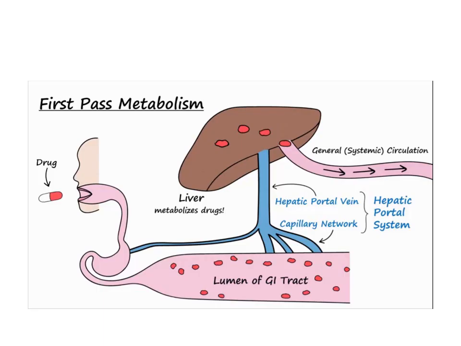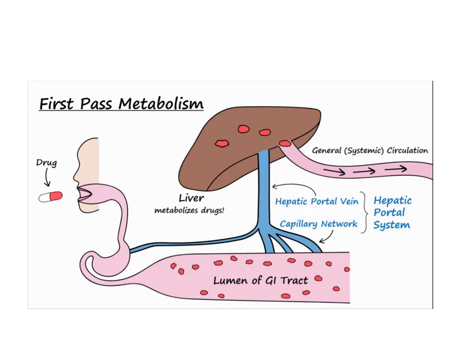If we take a drug or any xenobiotic through the oral route, it passes into the stomach, and from the stomach it goes into the intestine. From the intestinal lumen, there is a capillary network which merges into the hepatic portal vein.